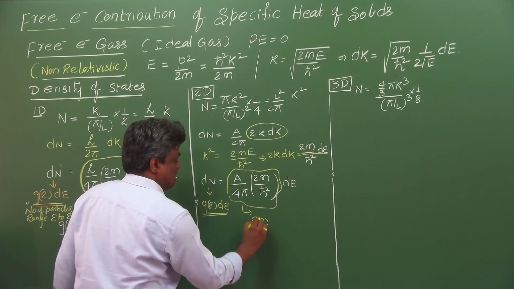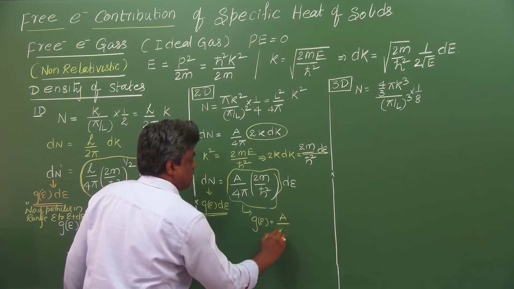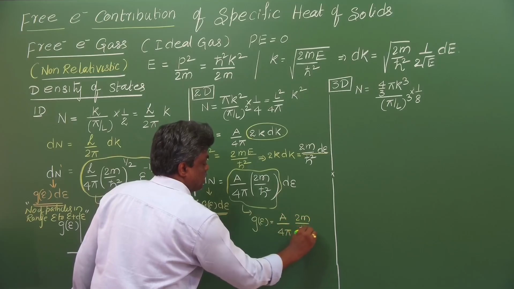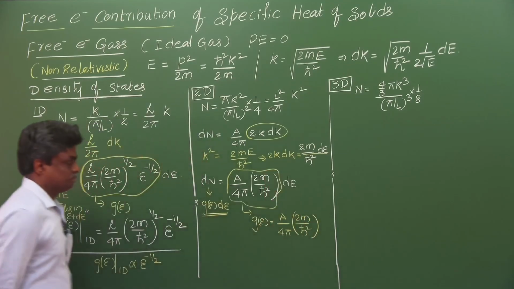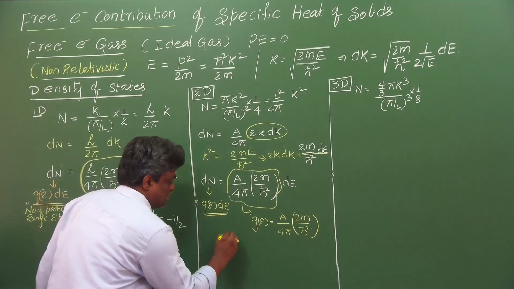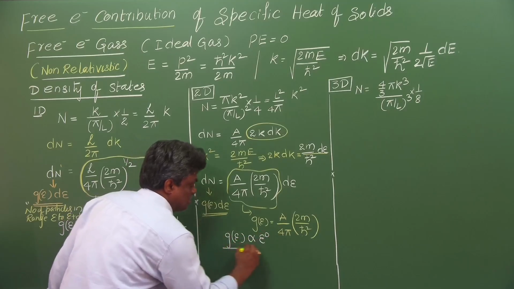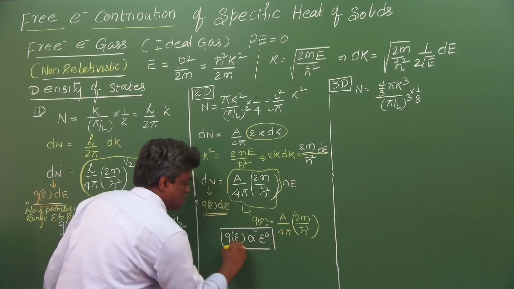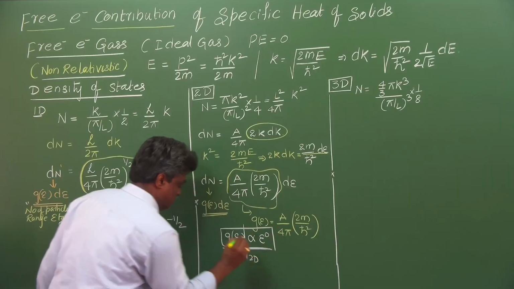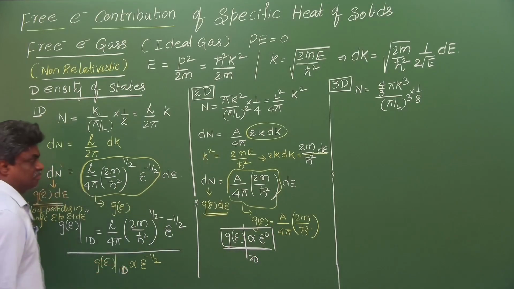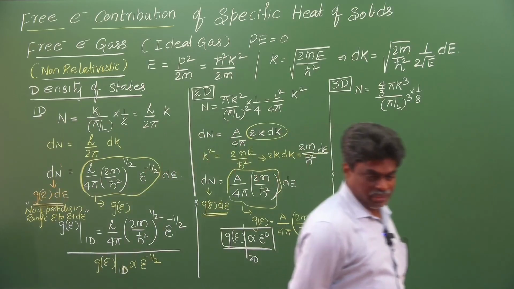G of E equals area by 4 pi into 2m by h cross square. So please write G of E is proportional to E power 0. In which dimension? 2 dimension. This is which dimension? 1 dimension. Next, 3 dimension, do it.